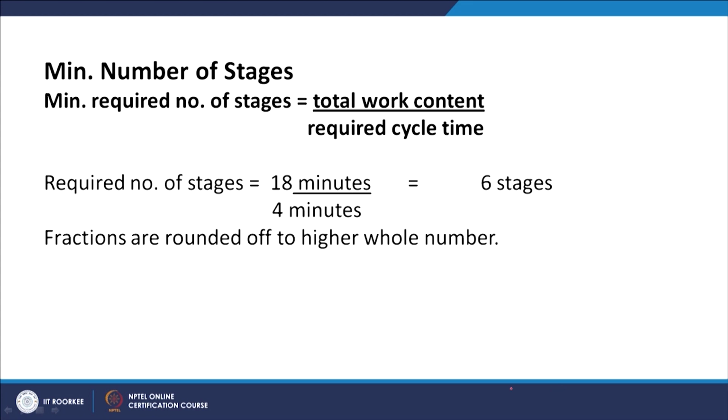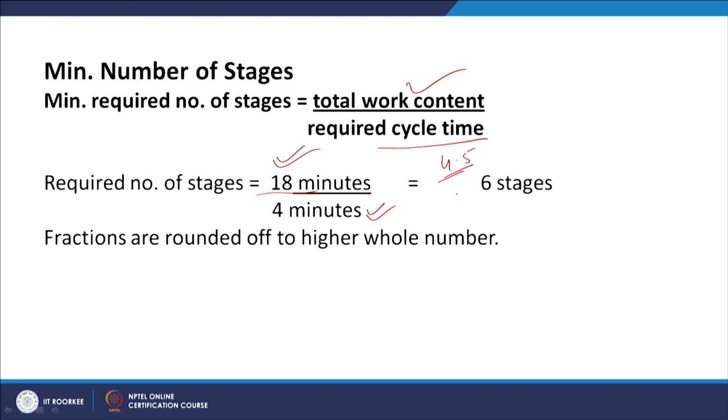This is another example related to the minimum number of stations or stages required, with total work content in terms of the time required to complete the steps and processes related to the completion of the job, and the cycle time. So, let us say 18 minutes is the time required to complete the various steps related to the job, and 4 minutes is the allowed cycle time, then the ratio will be coming up like 4.5.